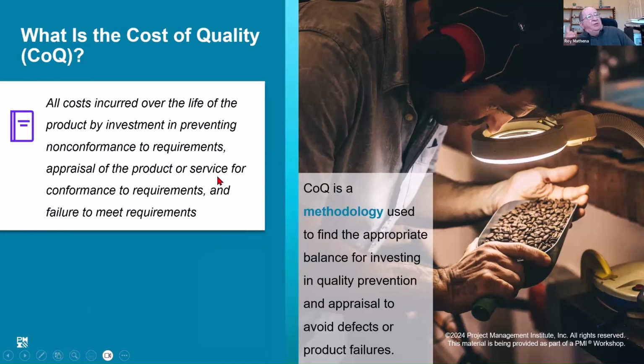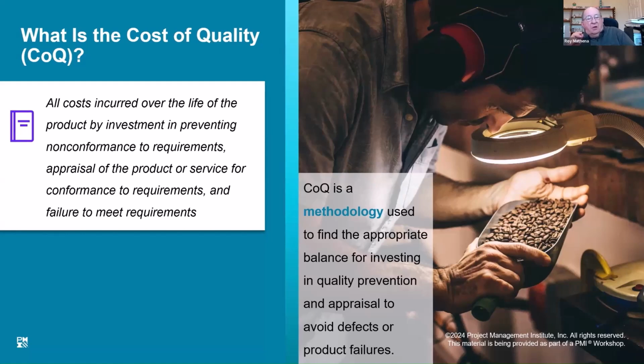Cost of quality, COQ. Cost of quality is a methodology that is used to find the right balance for a business investment. It considers all costs incurred over the life of a product by the investment in preventing nonconformance to requirements, appraisal of the product or service for conformance to requirements, and failure to meet requirements.